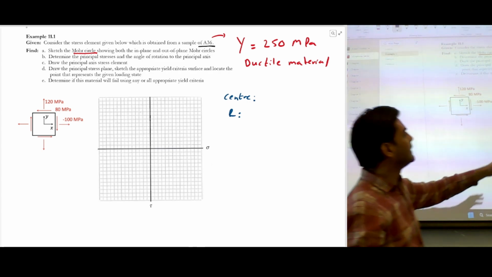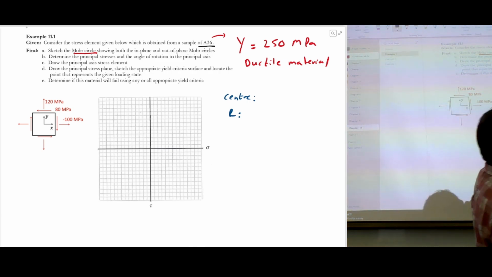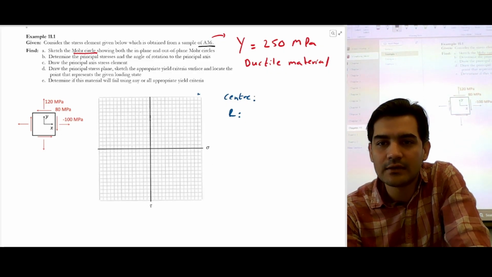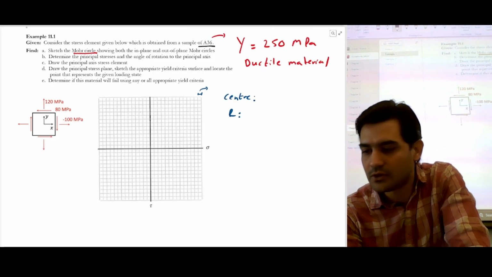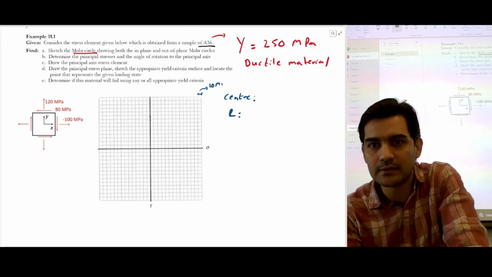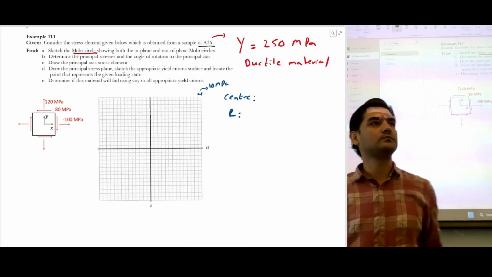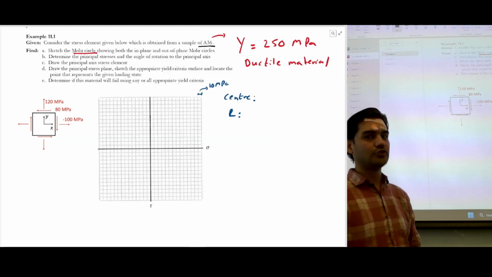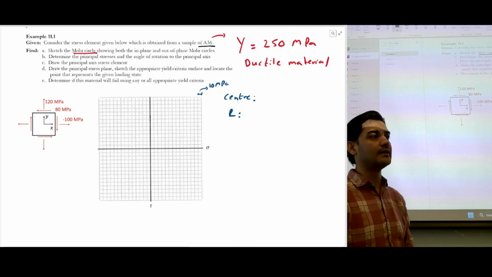So if you know center and radius, you can basically draw a Mohr circle. So in this case, you guys can assume one box equal to maybe 10 megapascal. And you can try to draw Mohr circle in this case.